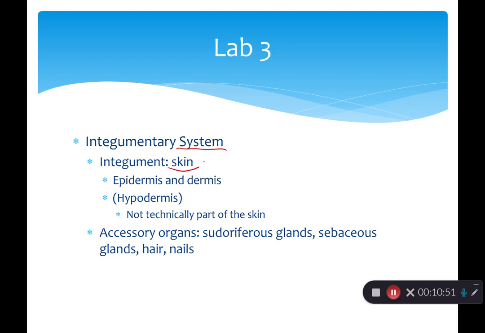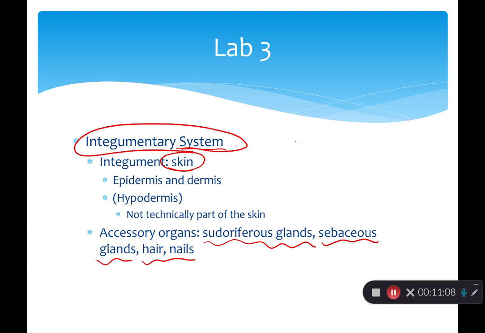The main organ of the integumentary system is the skin. Accessory organs, we have glands, hair, and nails. So put all these organs together and you get the integumentary system.